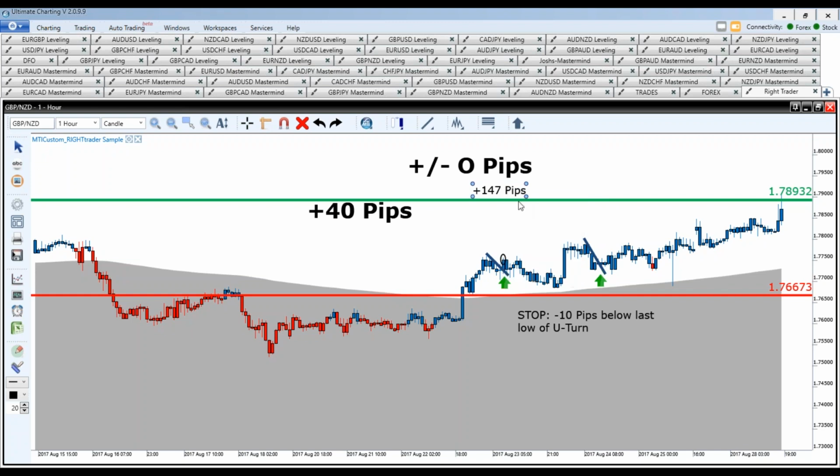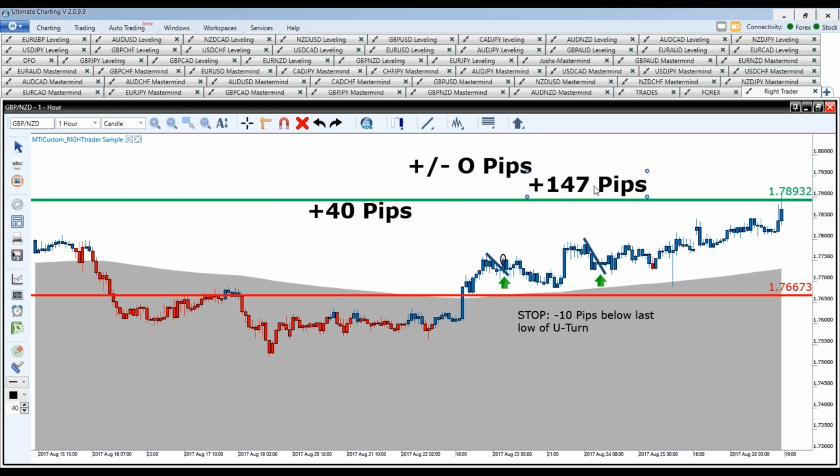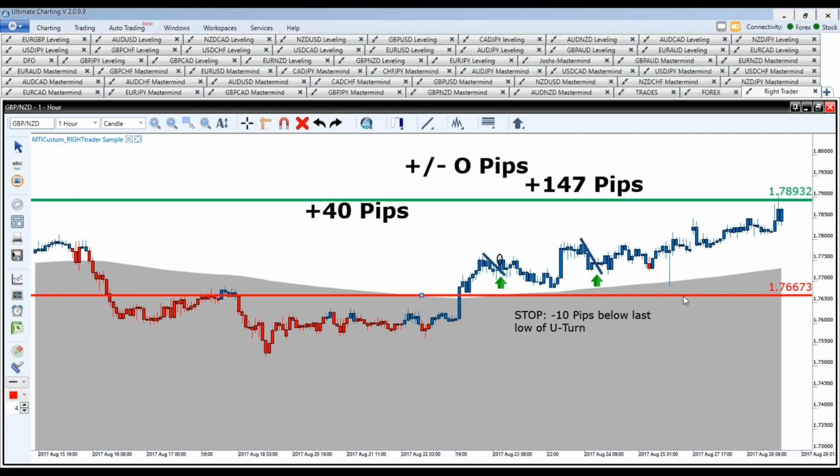Now, here is what I would like to highlight above and beyond everything else, okay? I would like to highlight the fact that this way of investing has very, very little drawdown. Drawdown means when the market goes against you. Drawdown means that when the trade is in the red.